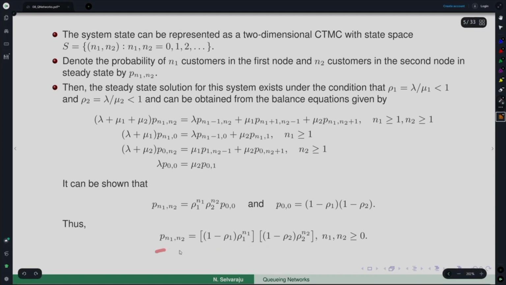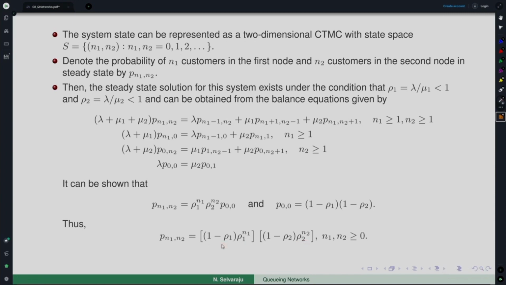Now, this tells some stories. This is the joint distribution of the number of customers in node 1 and node 2 together, and you can think of it as if the number of customers in node 1 and the number of customers in node 2 are both behaving like an M/M/1 queue.